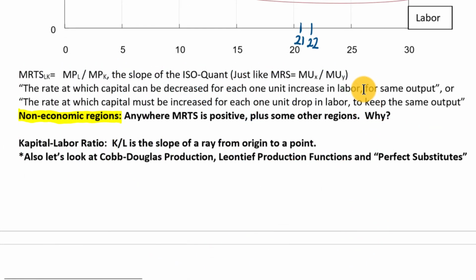One other kind of nifty thing I want to talk about here, and this is of interest in macro, but also in micro. Sometimes in macro and sometimes in microeconomics as well, we want to ask the question, how capital intensive is an industry? And when we talk about how capital intensive an industry is, we want to know what's the ratio of capital to labor.